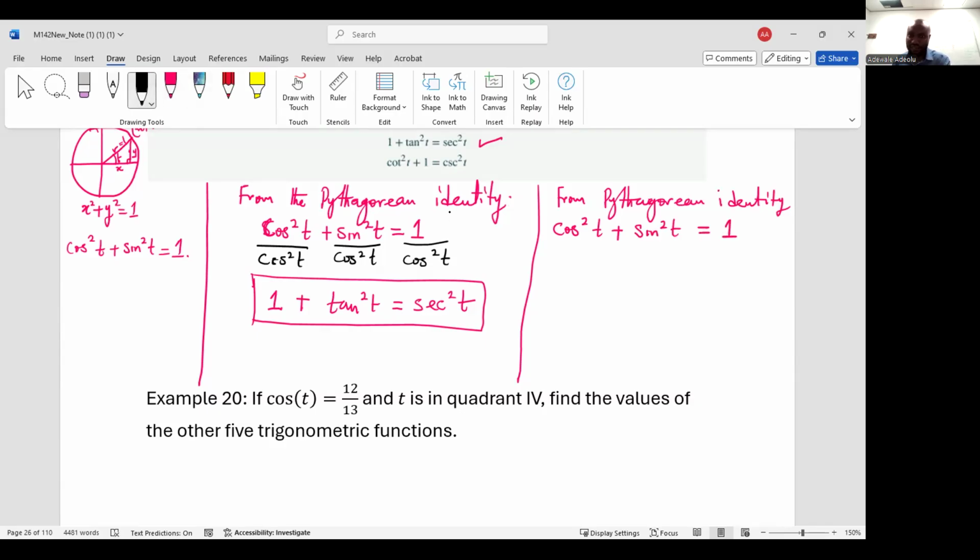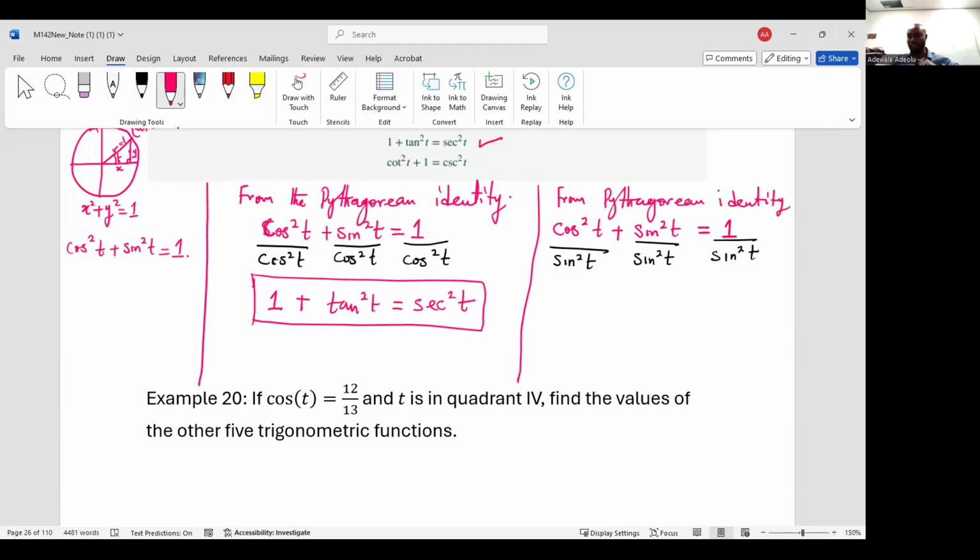Now, I can divide through by sine squared of angle t. And if I do that, cosine divided by sine is cotangent, right? Remember, sine over cosine is tangent.